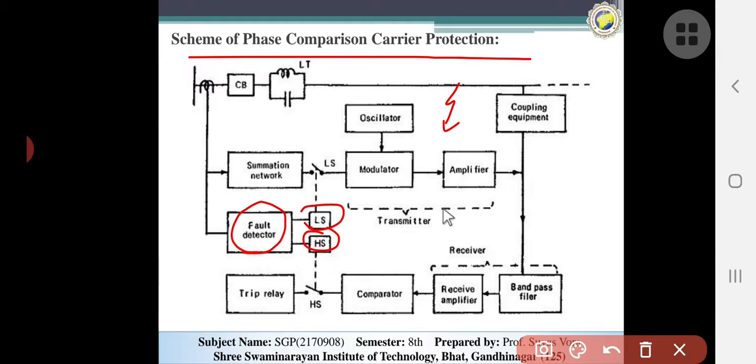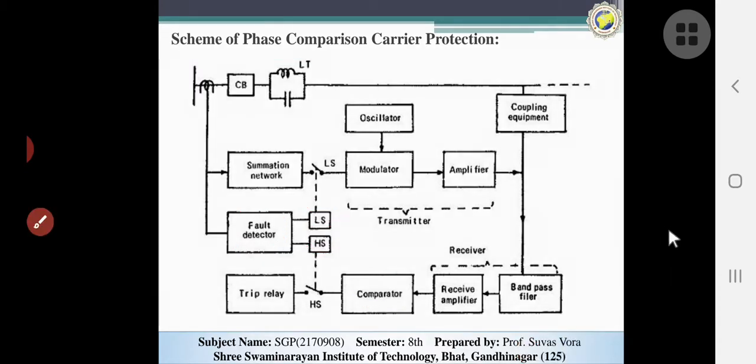If low set, the coupling equipment is coupled with the band pass filter, then the receiving amplifiers, then compensators, and this portion trips the relay. If the fault is external, the coupling equipment is coupled, then the simulation networks, then the low set value is closed, then oscillator and modulators amplify the signals. So these are the schemes of the phase comparison method.